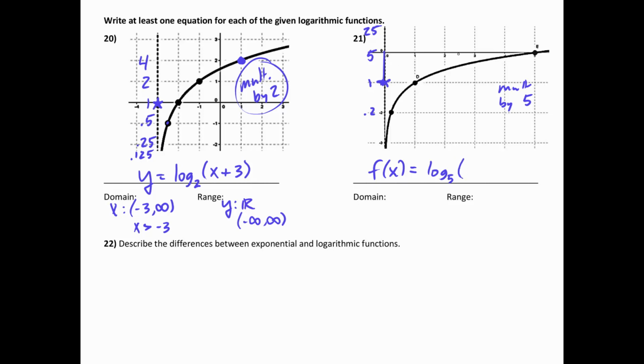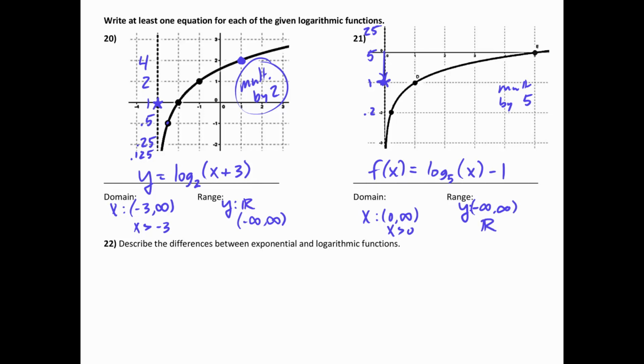Inside, I don't have any left or right movement, so it's just x by itself, and at the end, minus 1 since it moved down 1 right there. Domain, again, from 0 to infinity. I'm only over in this part of the graph, so you could say x is greater than 0. And the range from negative infinity to positive infinity, or you could say double R, all real numbers.